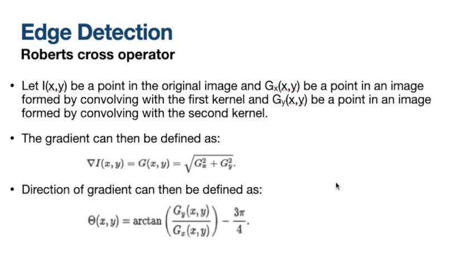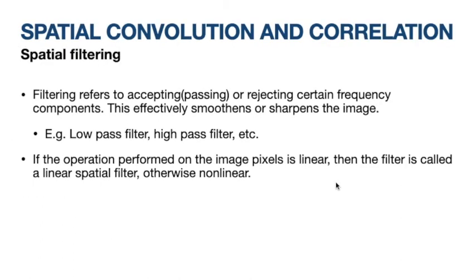Then the gradient can be defined as G(x,y) equals the root of Gx squared plus Gy squared. The direction of the gradient can be defined as arctan of Gy(x,y) over Gx(x,y) minus 3 pi by 4. That is all about the Roberts-Cross operator.